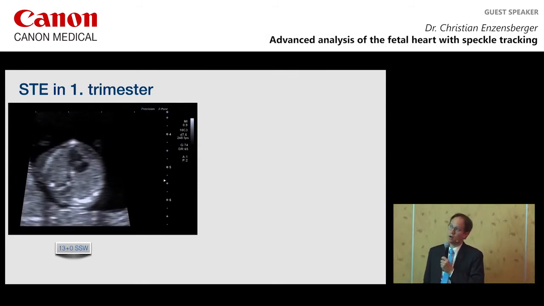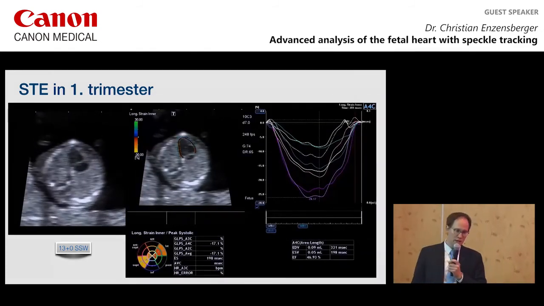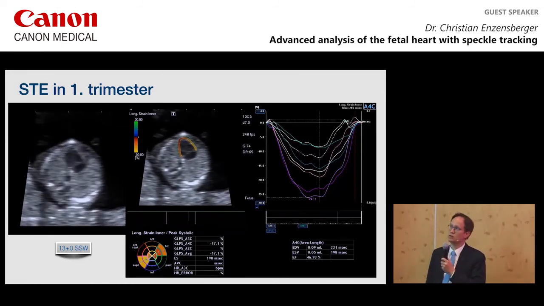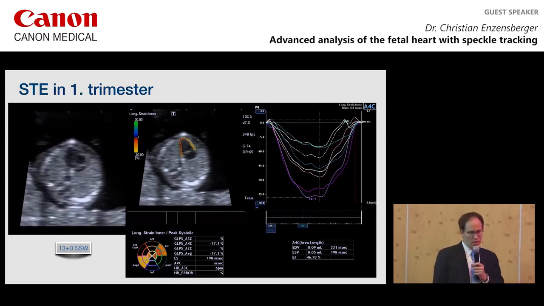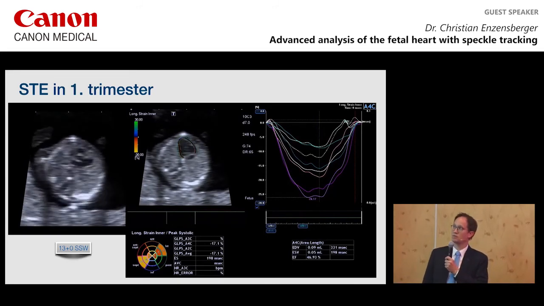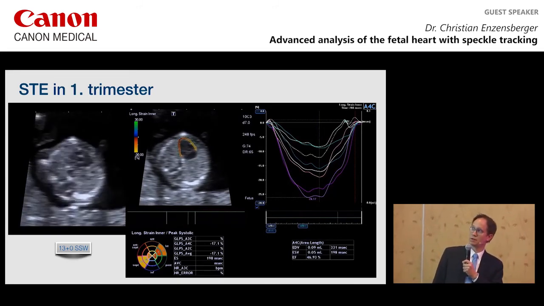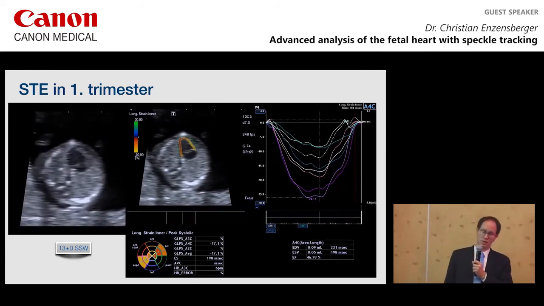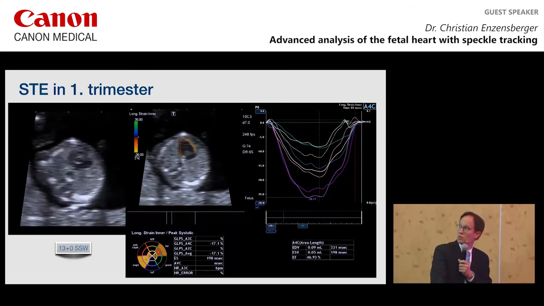13 weeks of gestation, and here obviously a differentiation between left and right ventricle, at the moment, we don't think this makes a lot of sense. So we thought about something like a biventricular strain, just to look at the lateral free left and right wall.